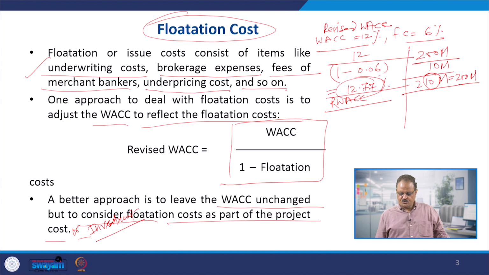As I just told you, 200 million is going to be the investment and the flotation cost is going to be 10 million. So you have to raise from the market not 200 million but 210 million. That 10 million you can easily pay as the flotation cost, and 200 million is left to be invested into the project.